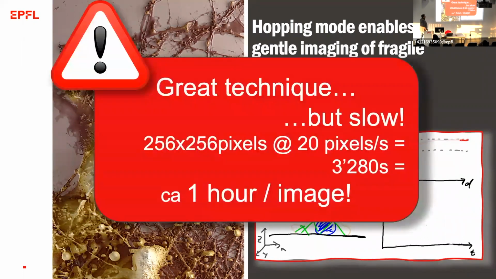So this is really great. It's super, but it's hella slow. Because not only do I have to detect it at every point, I have to be very gentle coming down so that I don't overshoot. And so this took us away from our idea: yes, now we can image living cells that are very fragile, but we could not do it fast enough.